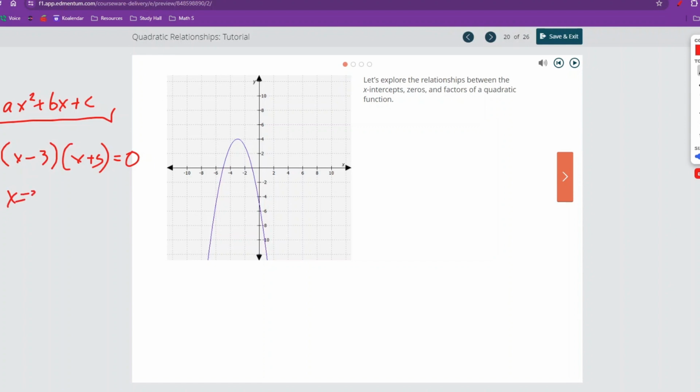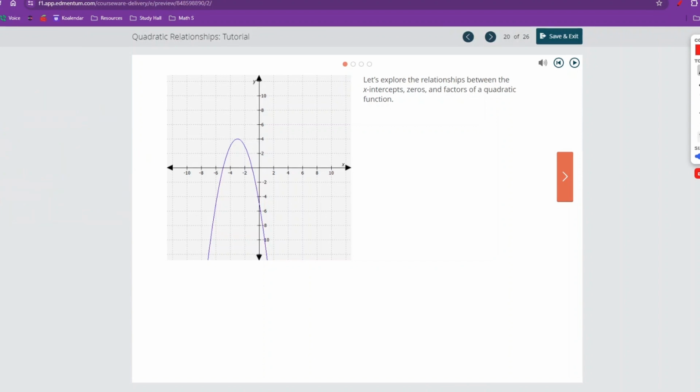So you would get x is equal to 3, x is equal to negative 5. Solving for x's and factoring like this tells you what the x-intercepts are for the quadratic. So in this case, we're actually doing the opposite. So that's how this relates.